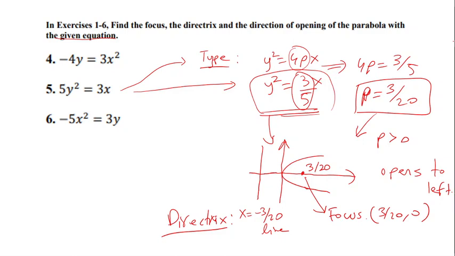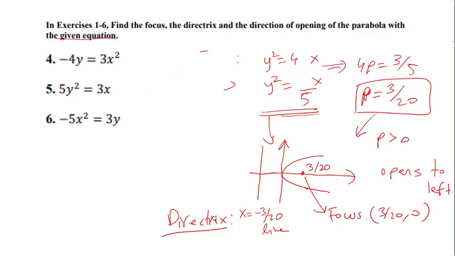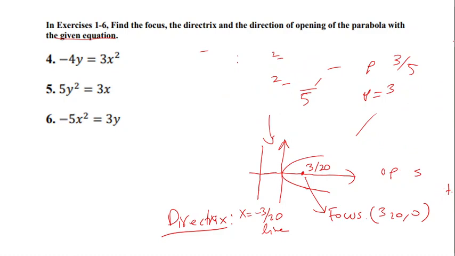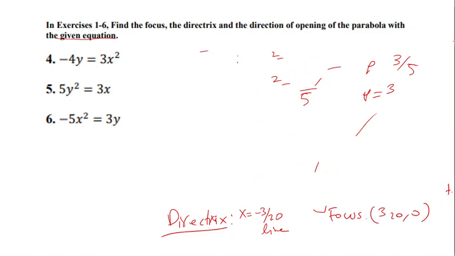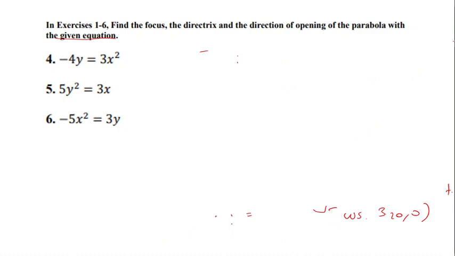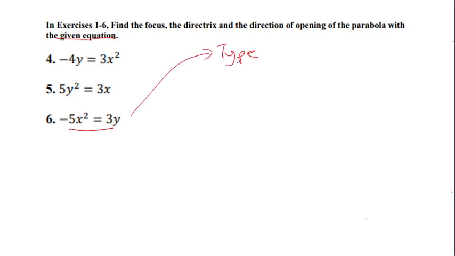Okay, let's check this out. So this will be type, since this is x squared, it will be this type, x squared equal to 4py type.